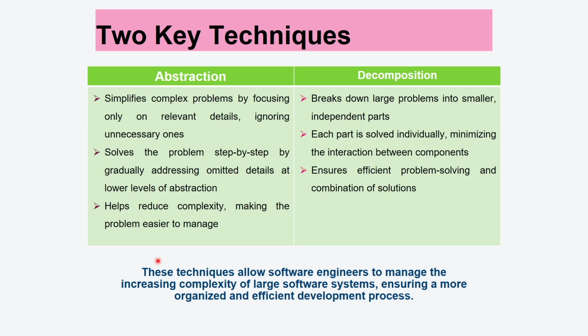Once the relevant portion is solved, the ignored part can be taken into consideration at the next level of abstraction. Here it helps to reduce the complexity and makes the problem easier to manage.